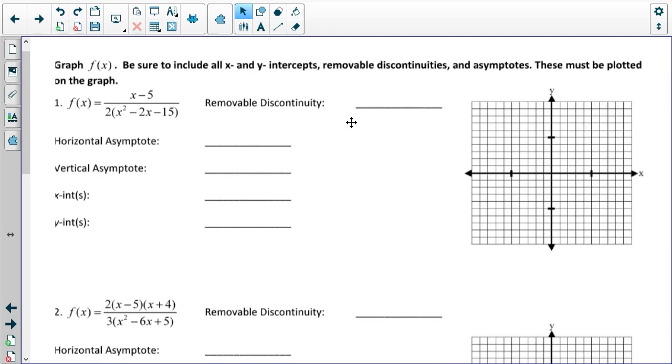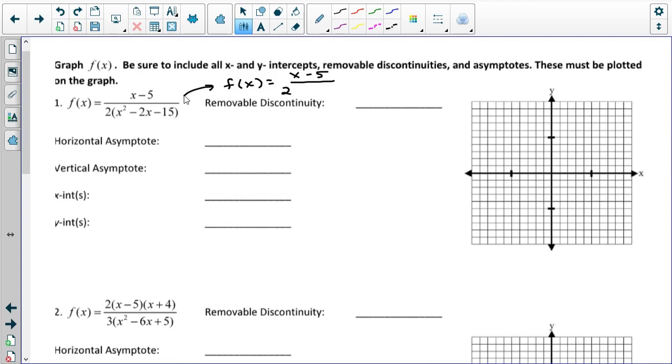Problem 1. First of all, let's factor the denominator. So I'm going to rewrite this as f of x equals x minus 5 over 2 times x minus 5 times x plus 3. The first thing I'm going to look for is, do I have any holes? Do I have any removable discontinuities? There's clearly one at 5 because x minus 5 makes the numerator and denominator equal to 0.